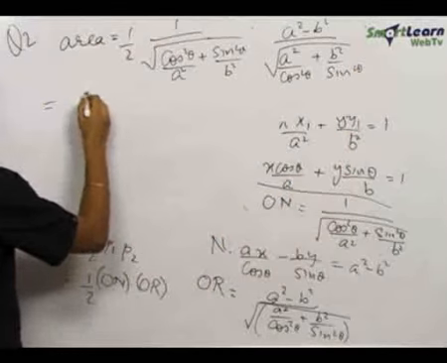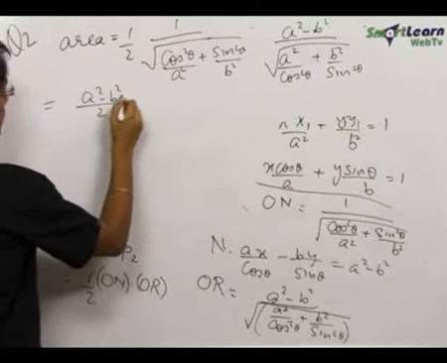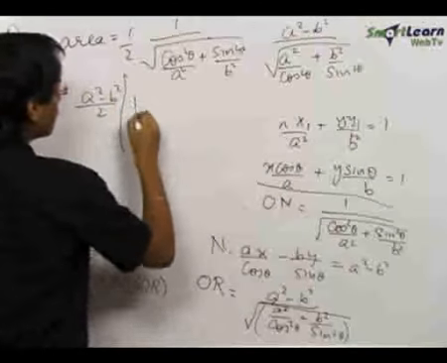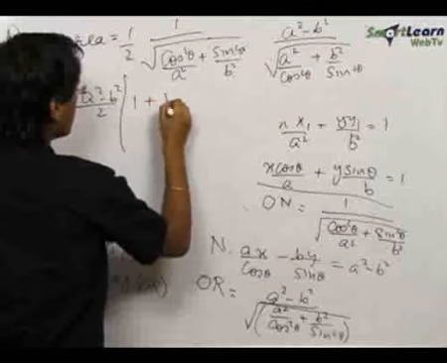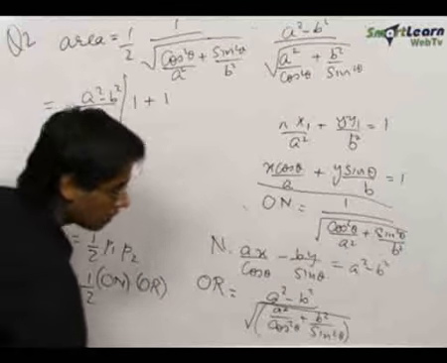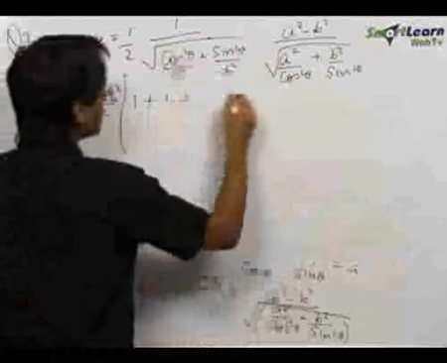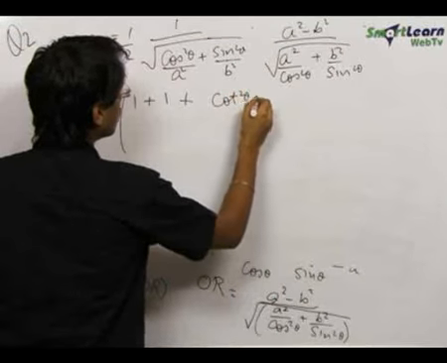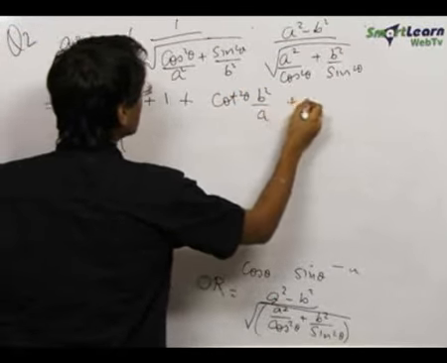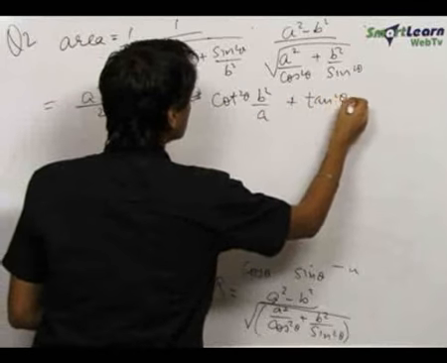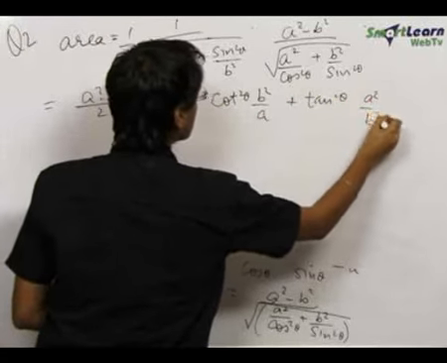On multiplying these two, we get a square minus b square by 2 into, under root, 2 plus cot square theta into b square by a square plus tan square theta into a square by b square.